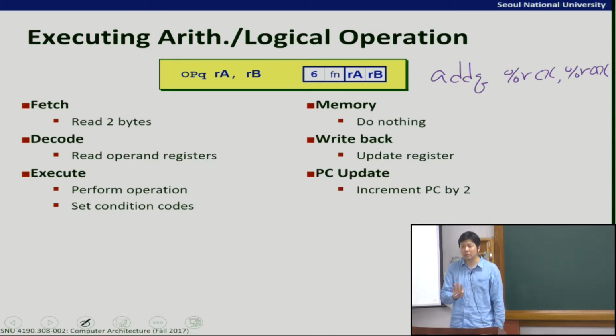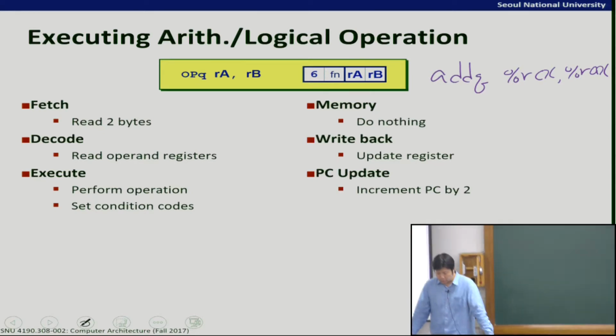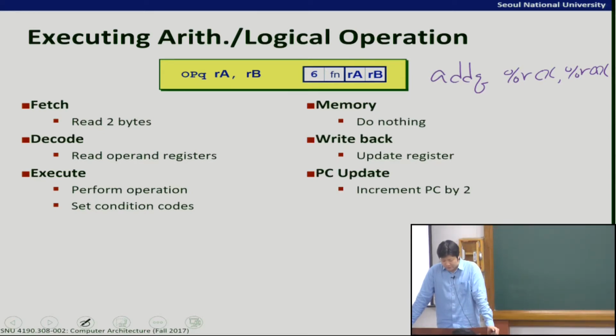I kind of already explained this instruction, but let's review. To execute this instruction, in the fetch stage you have to read 2 bytes, because this add instruction takes 2 bytes. In the decode stage, you have to read the operand registers, RCX and RAX in this case.